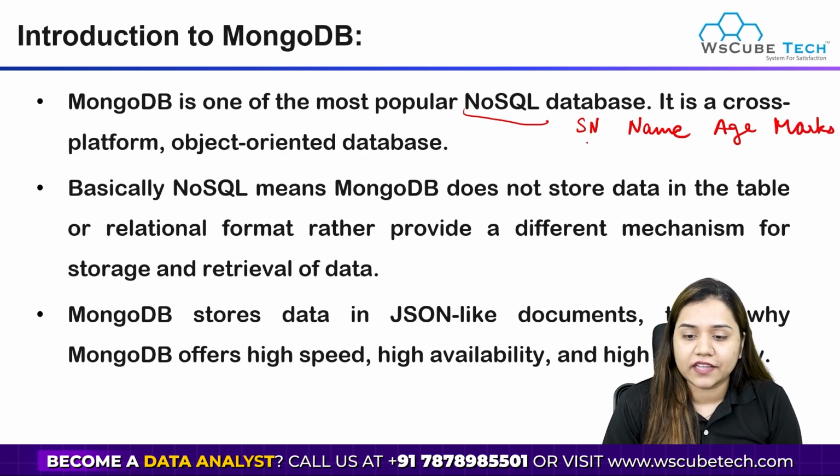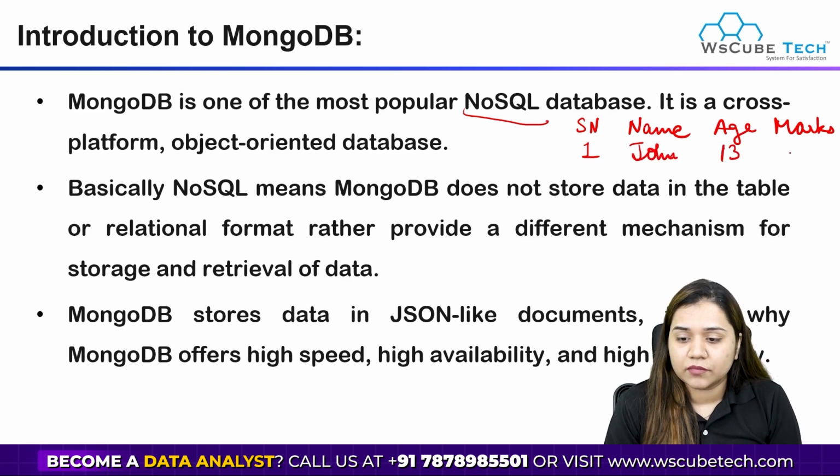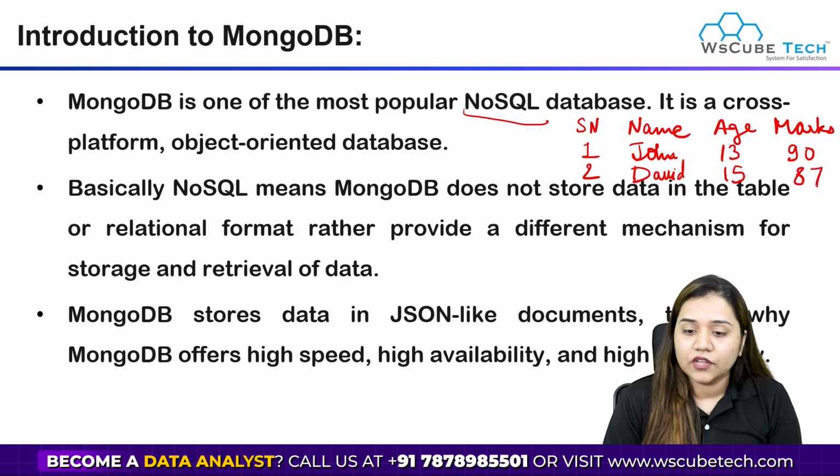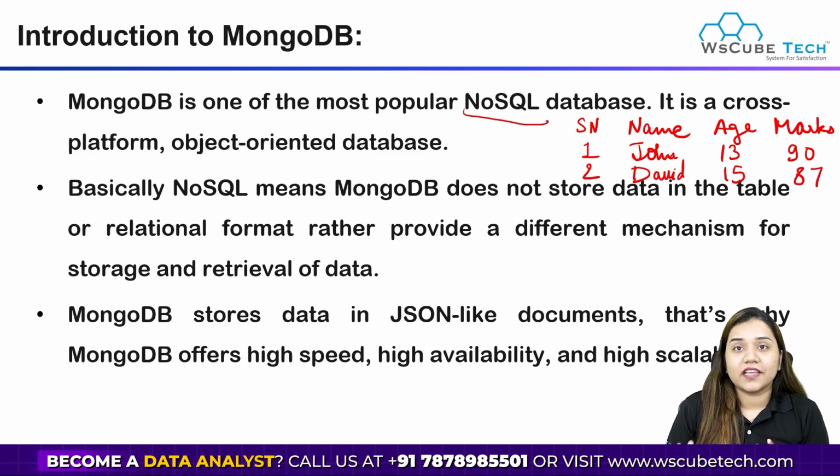Like we have one, the name is let's say John, the age is 13, marks are 90, then on number 2 we get David, his age is 15, the marks are let's say 87. Okay, this is how we get the data in SQL.